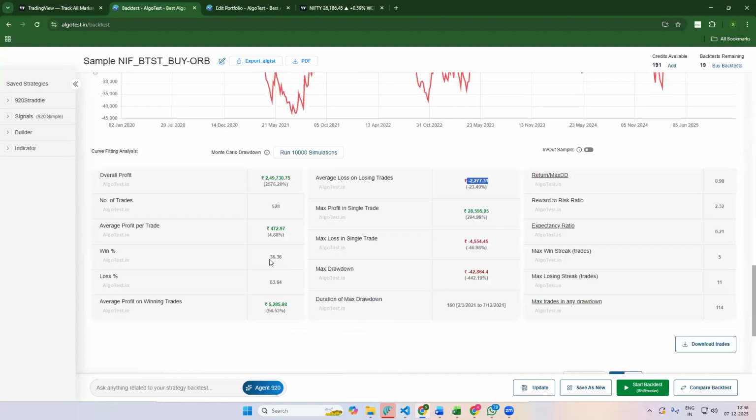I mean, for me as a naive person looking at the results, 63 percent we are losing, and 36 percent we are winning. And the max drawdown was 442 percent, right? So immediately I get demotivated when I look at something like this. So I'm just naive, I'm asking this question, don't mistake me.